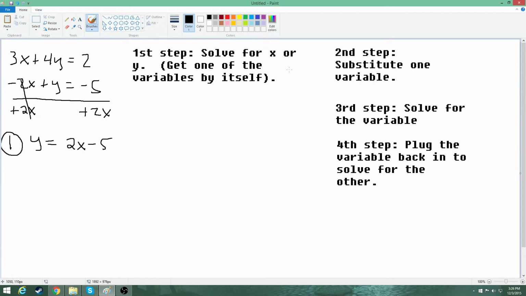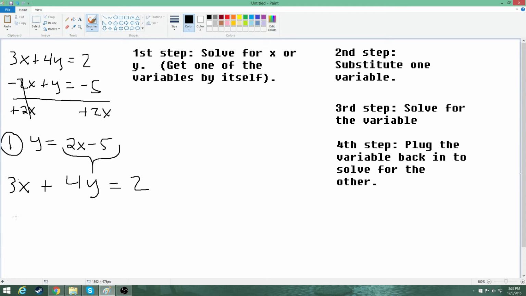Okay, now the second step. Second step is we are going to substitute this back into another one. So we got 3x plus 4y equals 2. So since y is equal to 2x minus 5, we're going to plug 2x minus 5 into y.